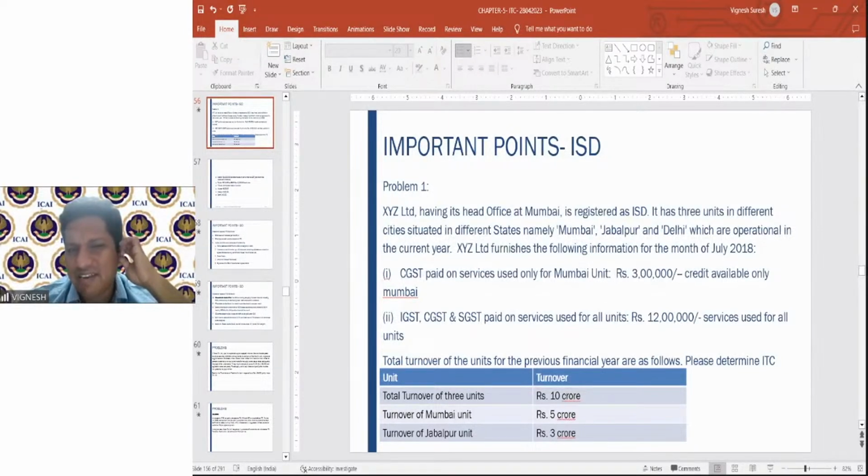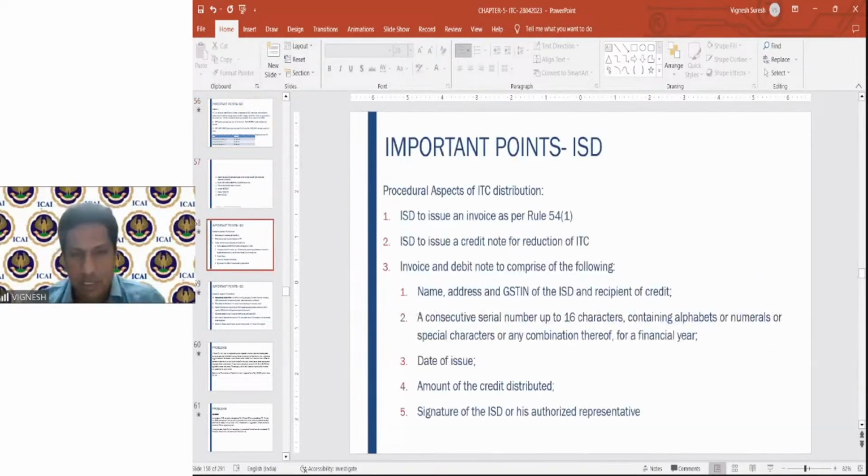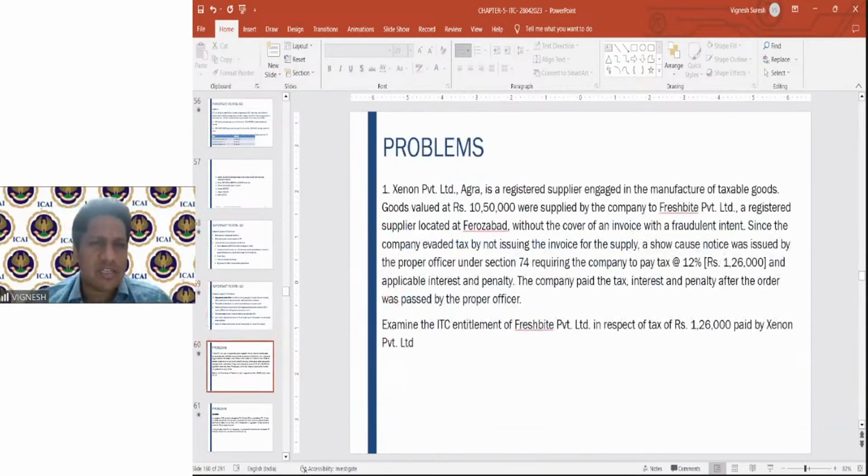But since it is very clearly given that services are used only for the Mumbai unit, it won't look good to say that the 3 lakhs is a part of the 12 lakhs. Of course, you can give that assumption as your interpretation, but since it is very clearly given only for the Mumbai unit, it doesn't have a chance of being included in the 12 lakhs, because it says paid services for all the units. So better to treat them separately.